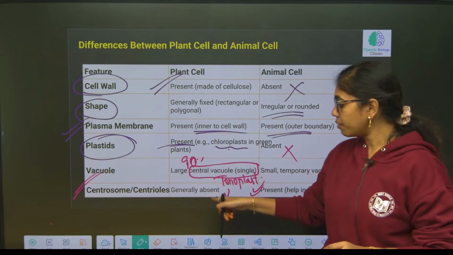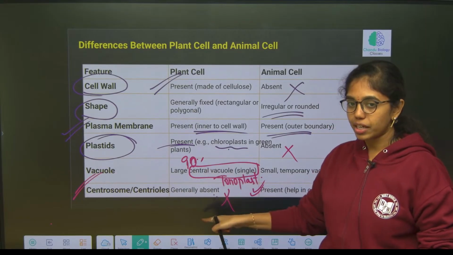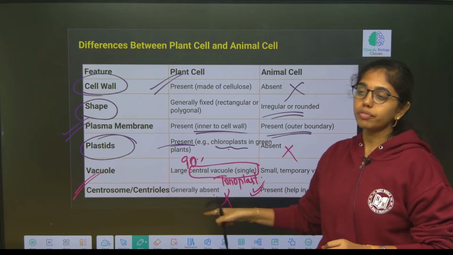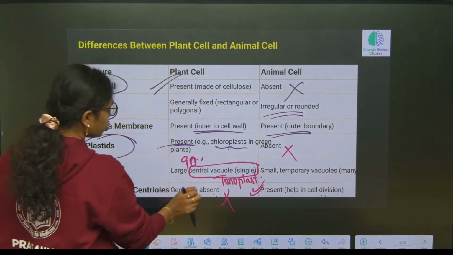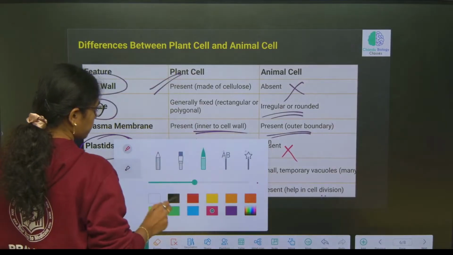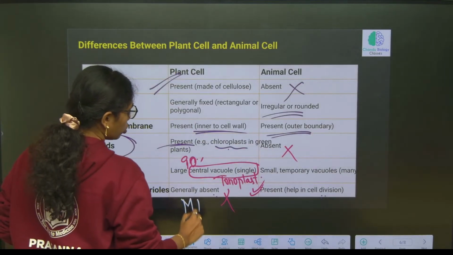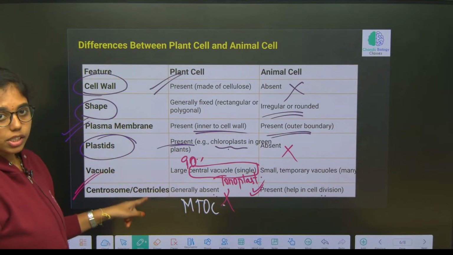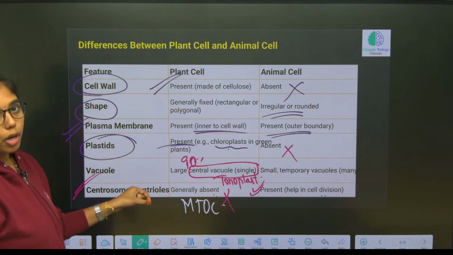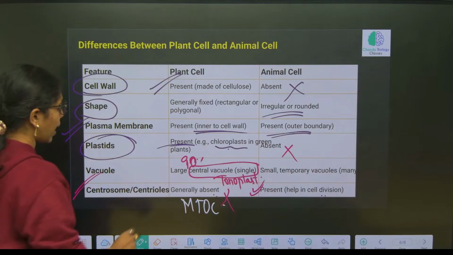Then how is the cell division process mediated in a plant cell in the absence of centrioles? Plant cells will have a microtubular organizing complex. This microtubular organizing complex will aid in the process of cell division in plant cells.